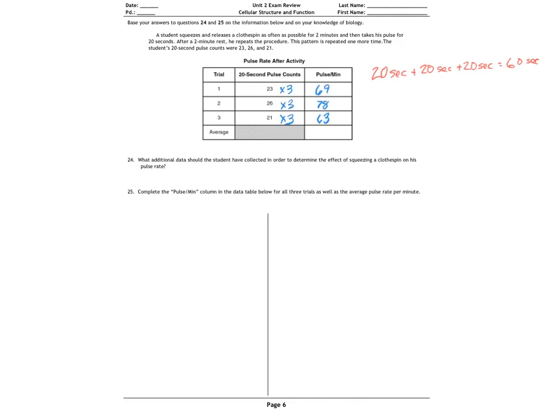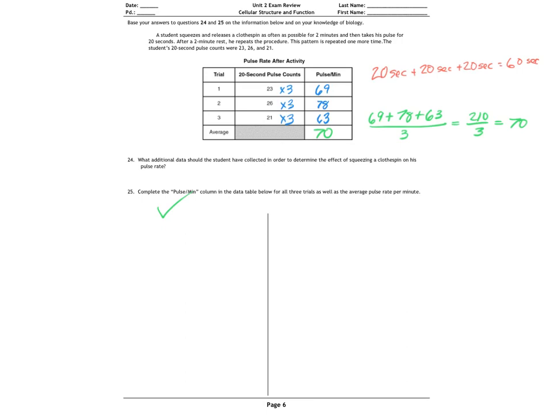And I got 69, 78, and 63 for an average of 70. The way I get that number, the average, is by adding the 3 values together and dividing them by 3 because there are 3 values. So basically, I have answered number 25.